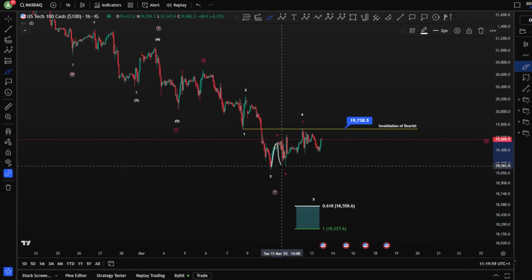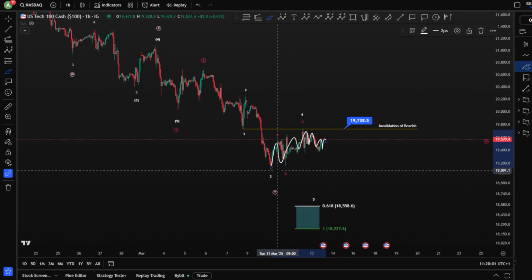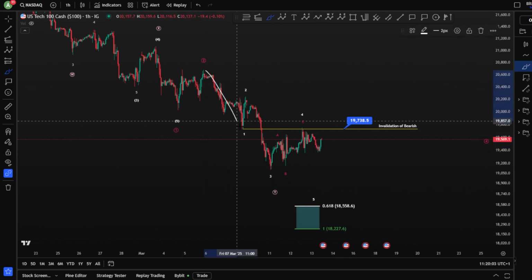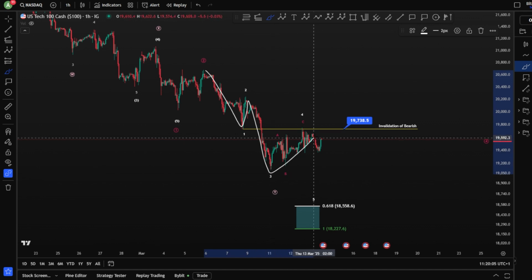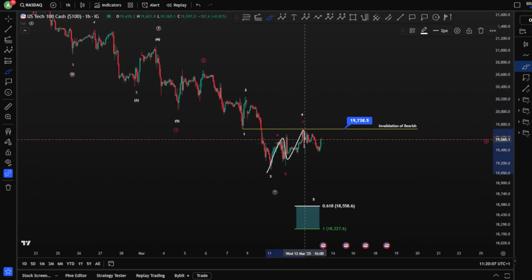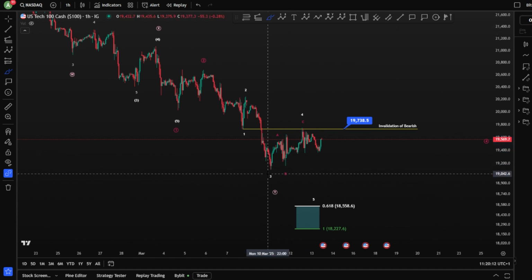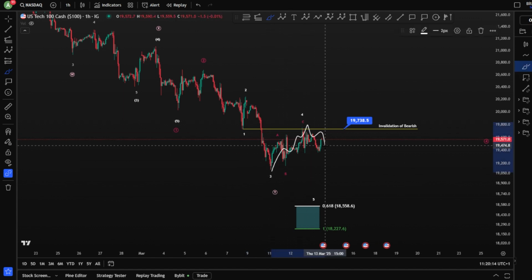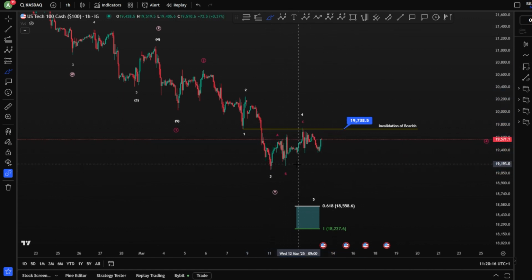But the problem is here that we are still corrective, and that's why I'm tending to shift this to double 1, 2 right now in case we are corrective here, because I cannot see yet any kind of bullish signal. No 5 waves toward the upside and 3 waves down, continuation or something like this.